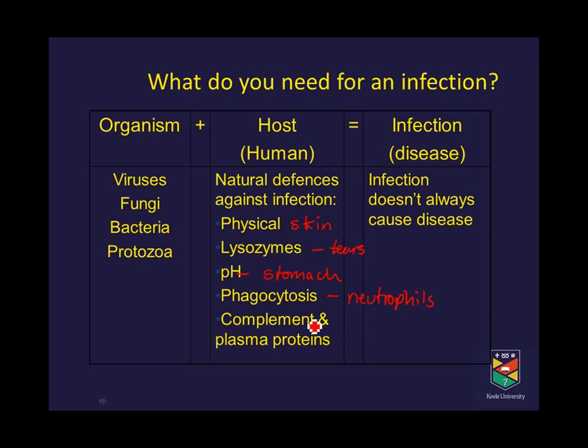Okay. Another thing to remember is an infection doesn't always cause disease, and probably the best example I can think of is TB, where approximately 1 in 6 people in the world actually has a latent TB infection. And that's not a disease state, they're not particularly coughing, they don't particularly have a high temperature.